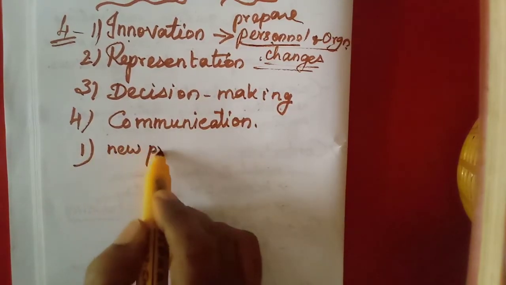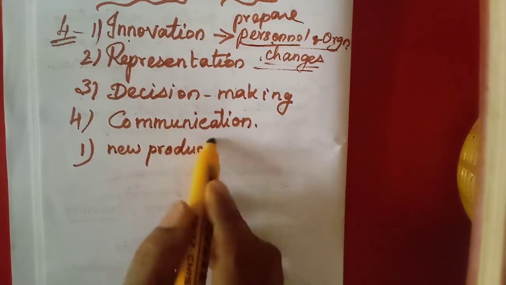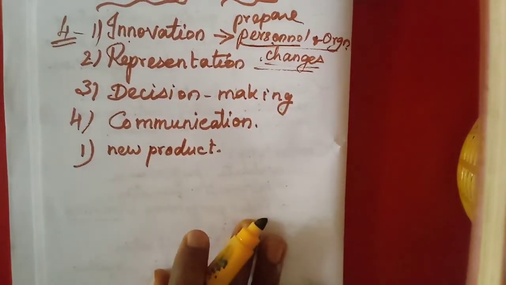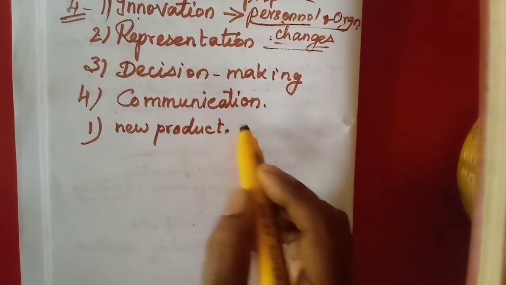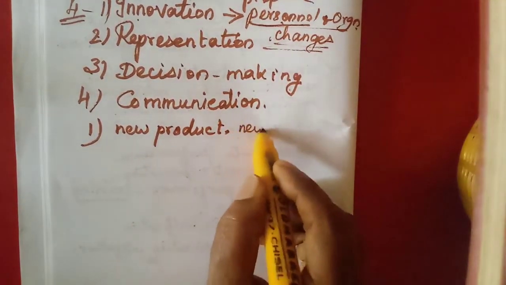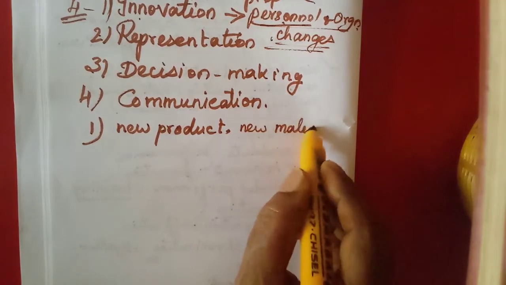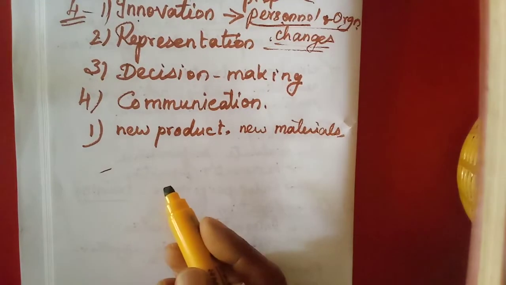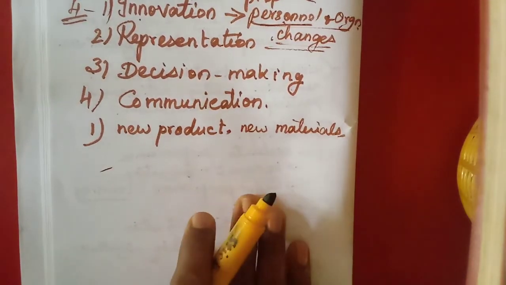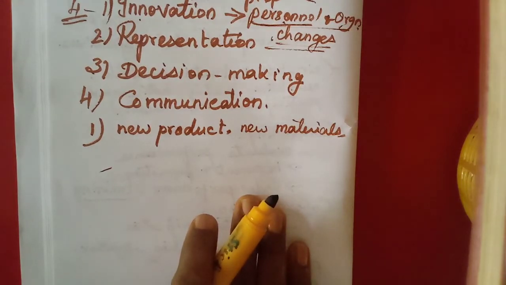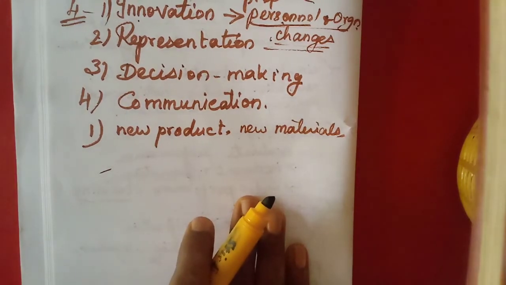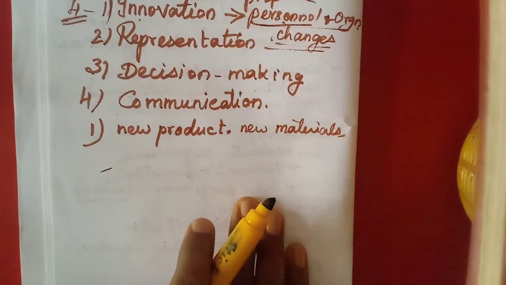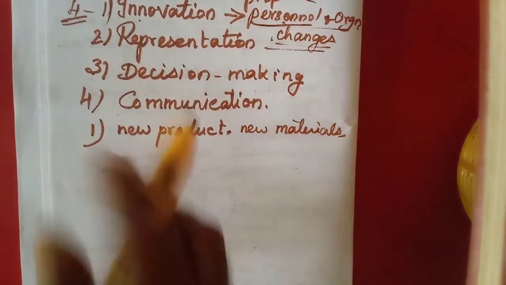An entirely new product can be introduced, or they can introduce some new material in the production of some goods, or new techniques, or a new method of production, or marketing, or packaging. Anything they can introduce newly, that is called innovation.